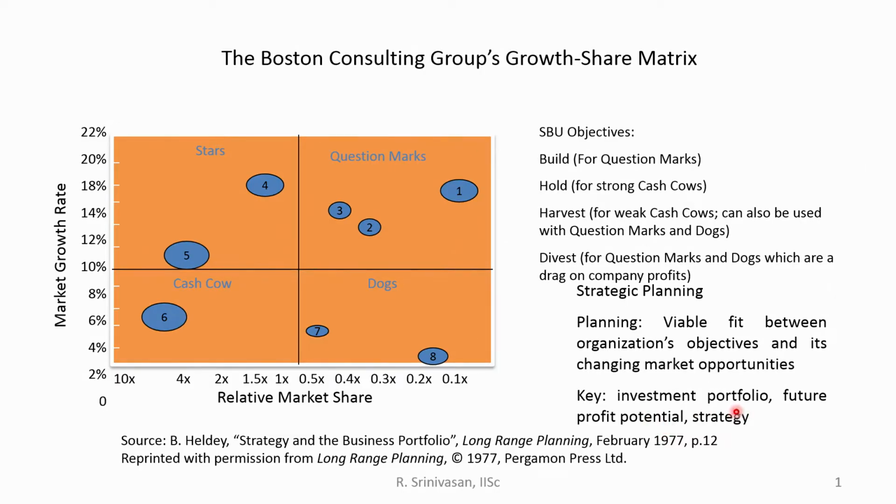Now, when you are operating in such a market and you are planning for this strategic planning activity, what are the keys? The keys are three. One is the investment portfolio, the second one is the future profit potential, the third is the strategy.